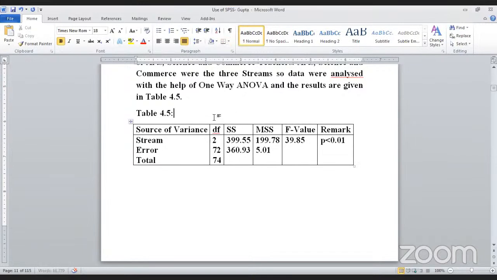Now let us see what the heading of the table will be. It will be summary of one-way ANOVA of anxiety of teachers.